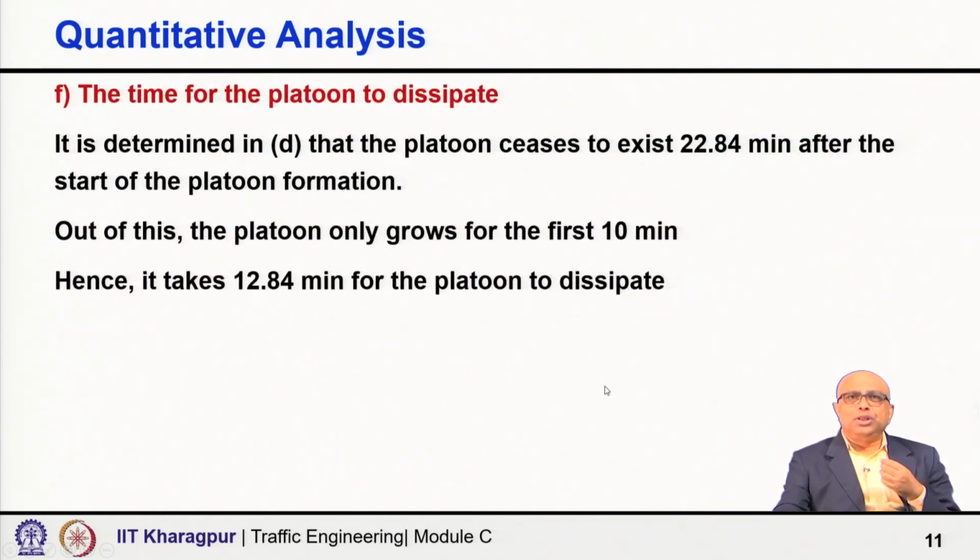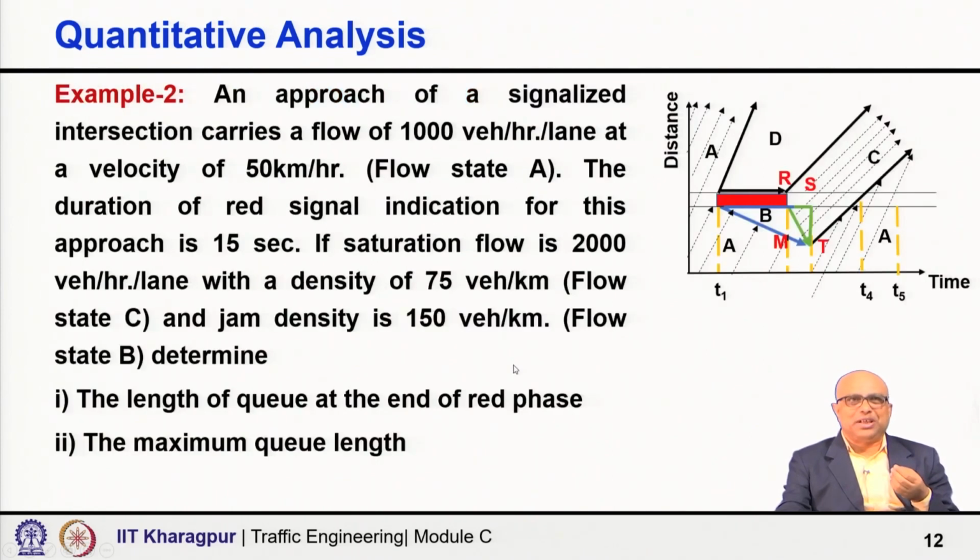So, 22.84 minutes after the start, and out of this the platoon is growing for the first 10 minutes, because as long as the slow moving vehicle is there in the traffic stream, the platoon is growing, right. So, the growth is for the first 10 minutes. So, how much time is it actually taking to dissipate, the remaining time? 22.84 minus 10 minutes. So, 12.84 minutes for the platoon to dissipate.